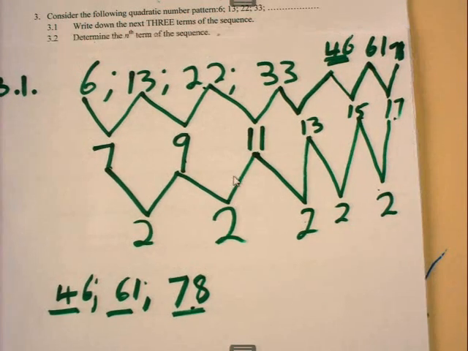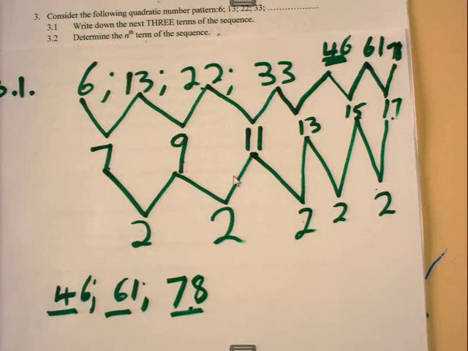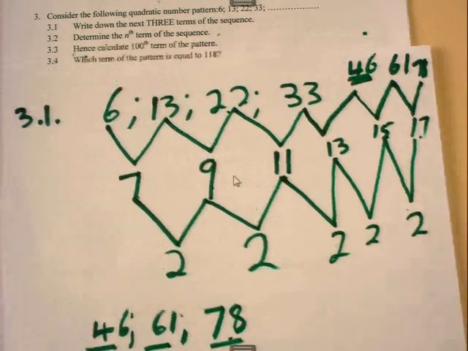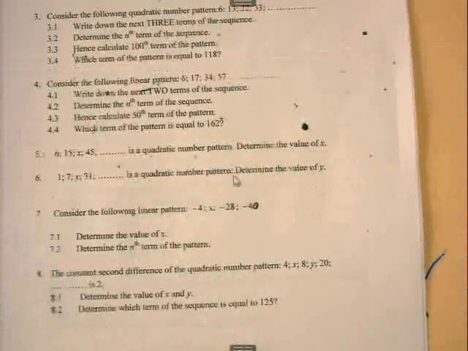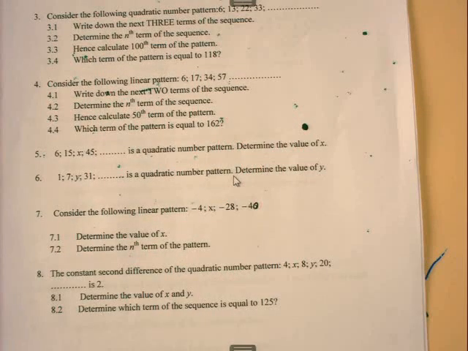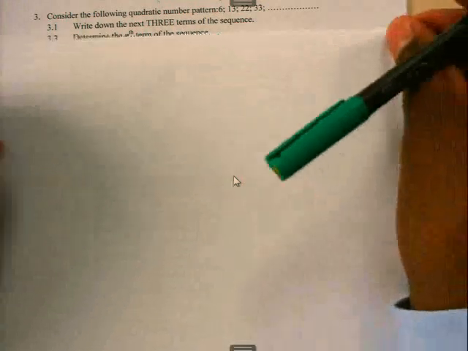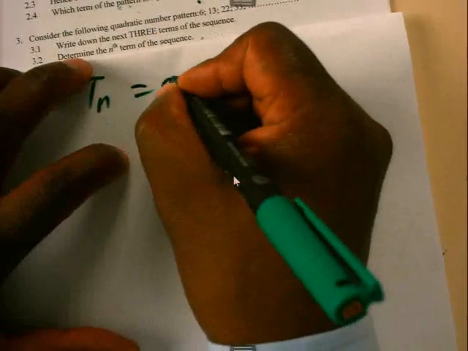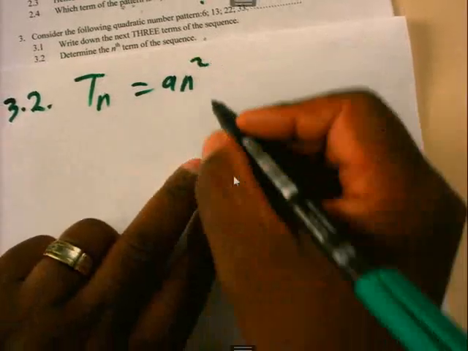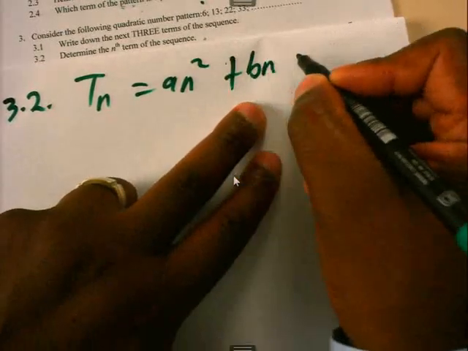Let's look at 3.2. Determine the nth term of the sequence. It's easy because I've already outlined the procedure for you. The sequence is a quadratic number pattern, so Tn is equal to an squared plus bn plus c.